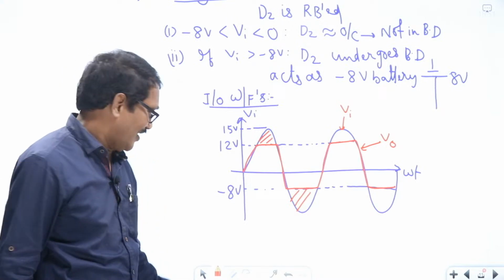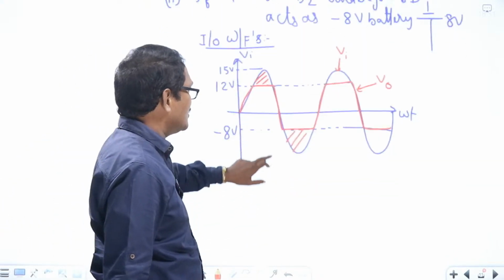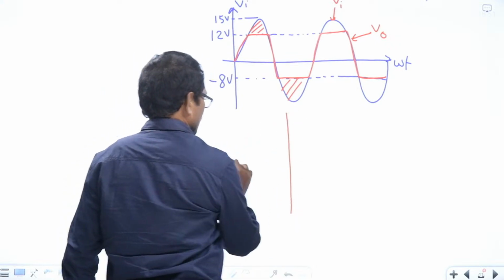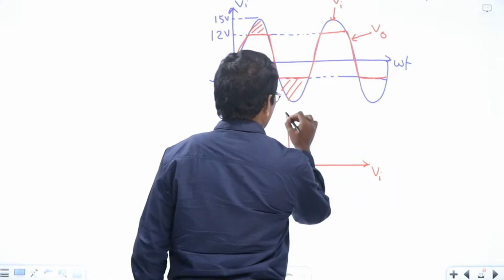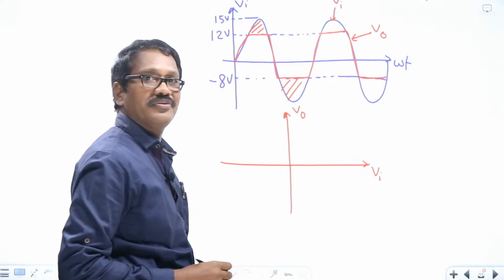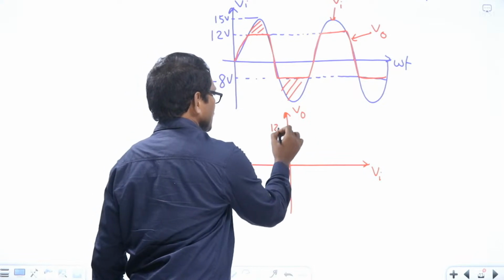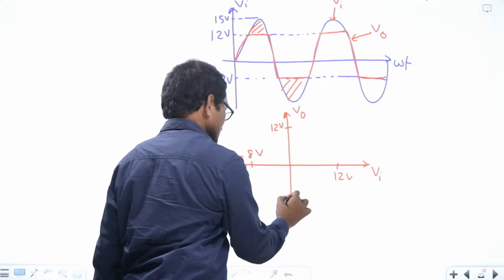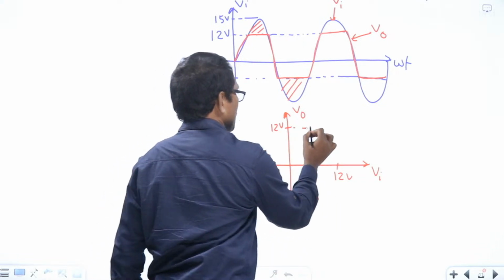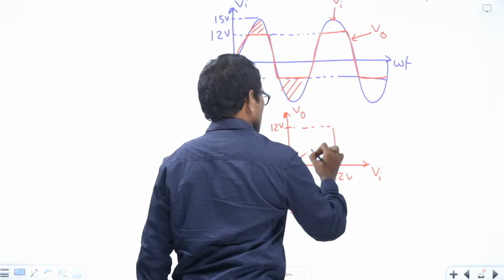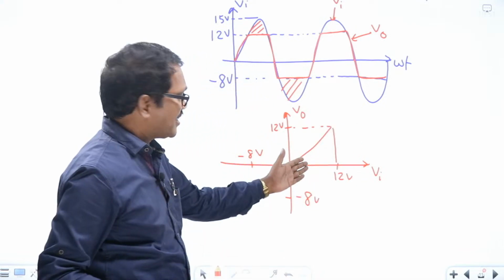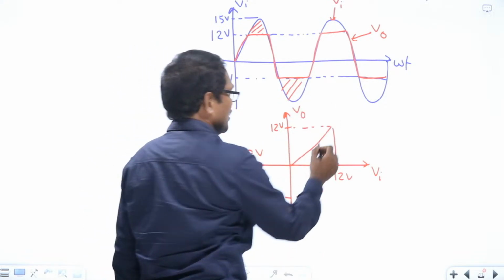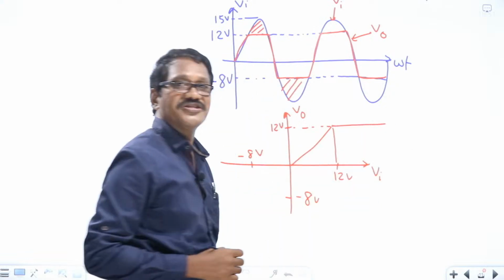Is it clear? Now let us see the transfer characteristics. This is VI and output voltage VO, with 12 volts maximum, and minus 8 volts. During the positive half cycle, till it reaches 12 volts, the output follows the input variations. After 12 volts, it stays at a constant value.